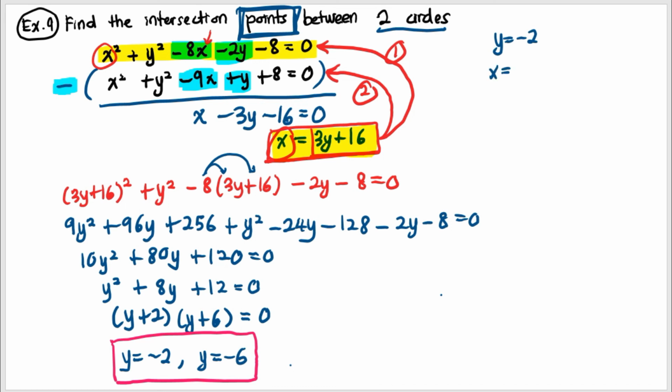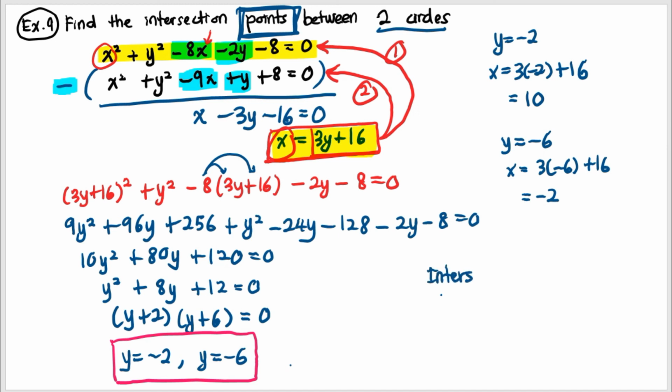When y is equal to -2, x should be 3 times -2 plus 16. So that one is actually 10. When y equal to -6, x will become 3 times -6 plus 16. So -18 plus 16 will get -2. Therefore, the two intersection points, let me write this one.